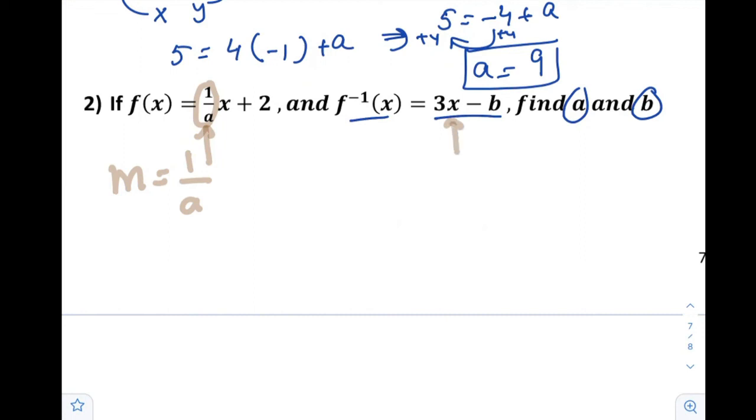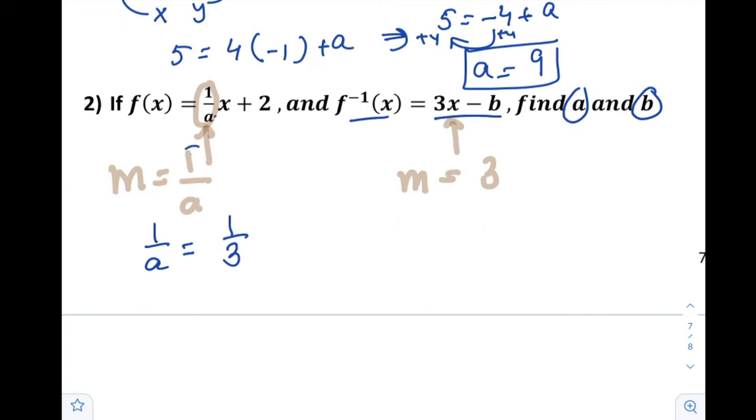Here the slope is 3. What is the relation between the slopes? We know that the slope of the inverse is the reciprocal of the slope of the function. That means here, if you find the slope, this should be 1 over 3. That means 1 over a should equal 1 over 3.